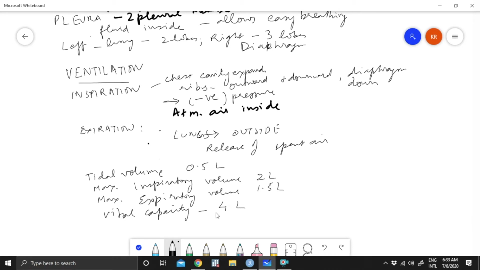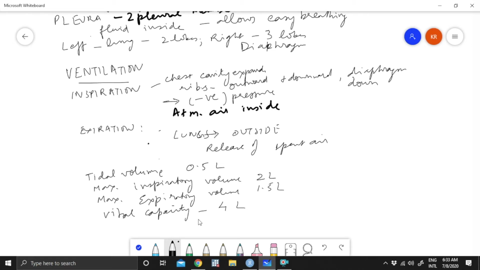But even if somebody takes a full deep breath right from beginning to the end, still there will be some air which is always going to remain in the spaces of the bronchi or in the bronchioles actually, which is not expelled outside.